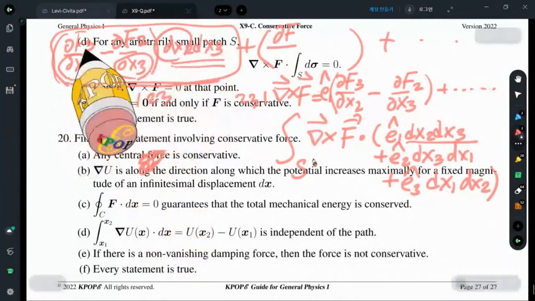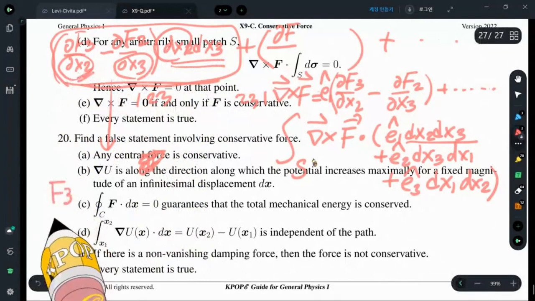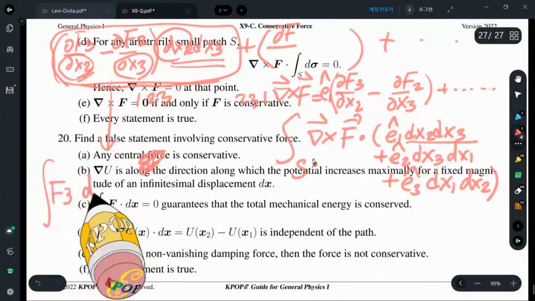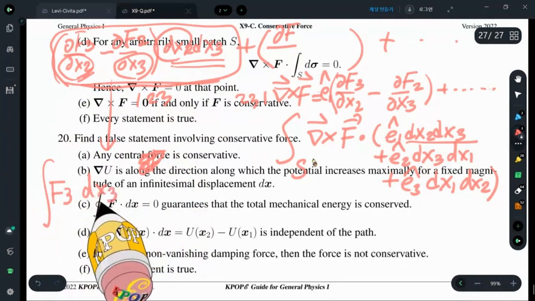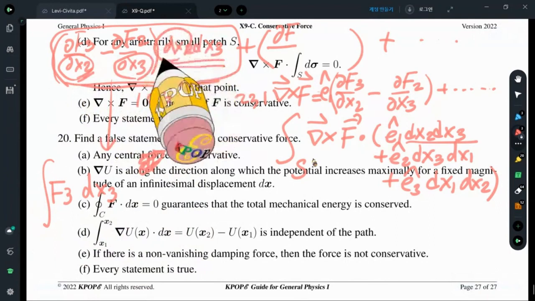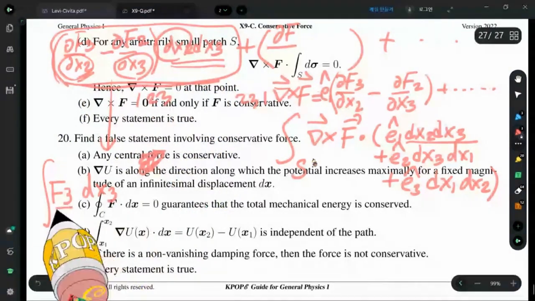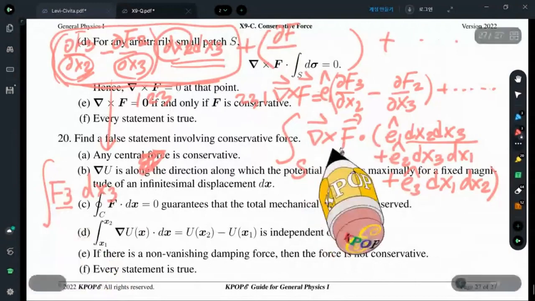If I integrate over x2, what I have is f3 integrated over dx3. But integration over x2 will give two contributions at the endpoints.